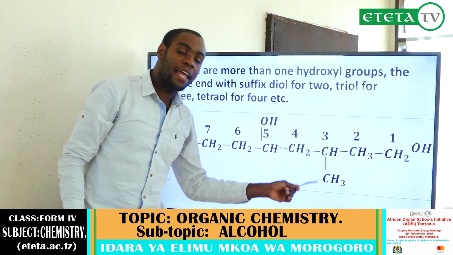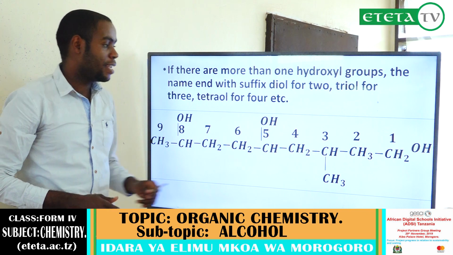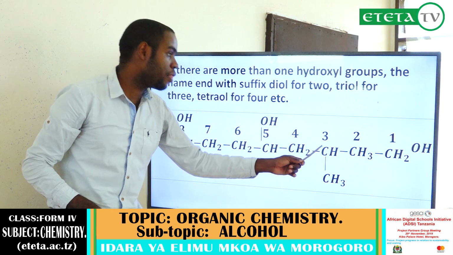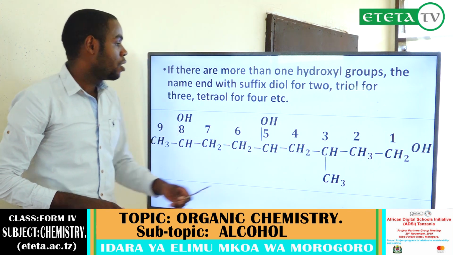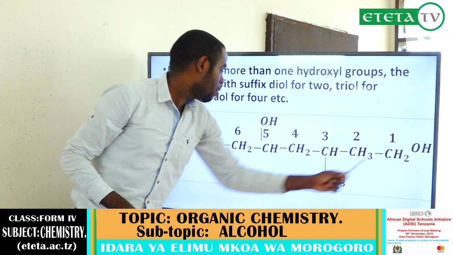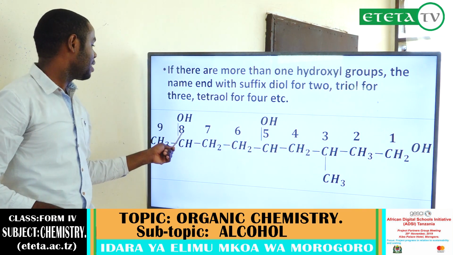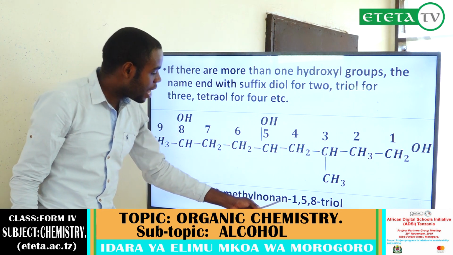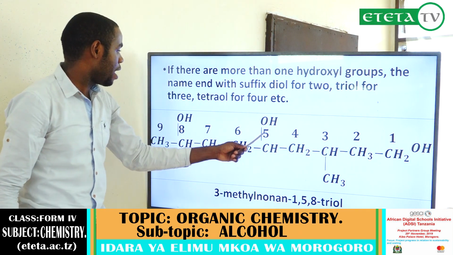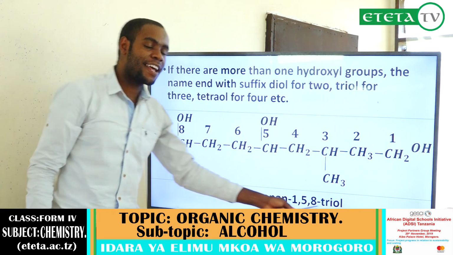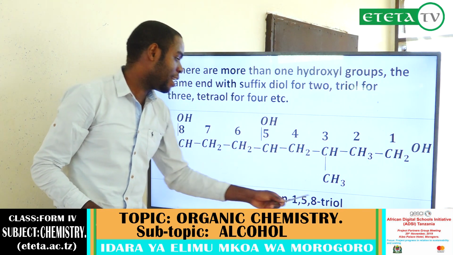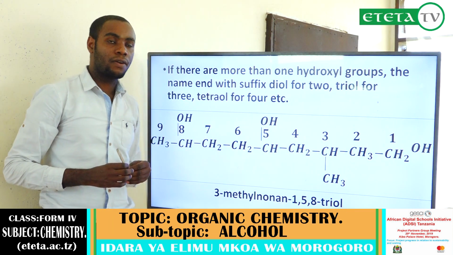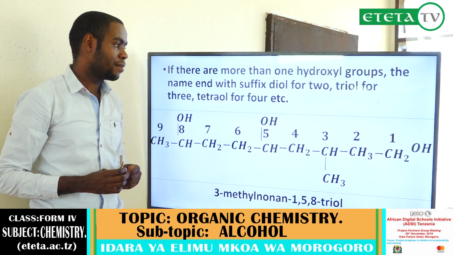After that, what follows is to name the substituent. Here we have one substituent, which is a methyl on the third carbon. So it will be 3-methylnonane-1,5,8-triol. Why triol? Because there are 3 hydroxyl groups.